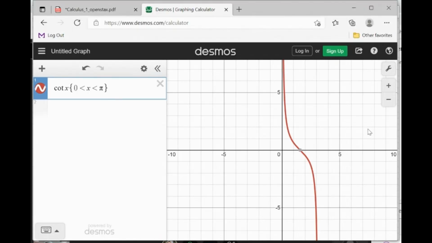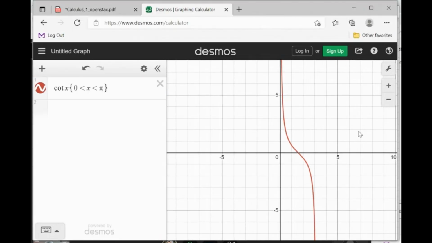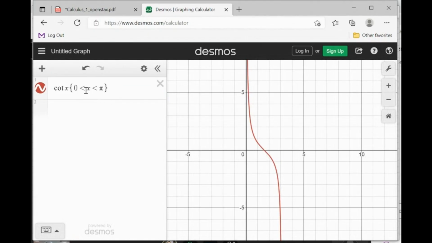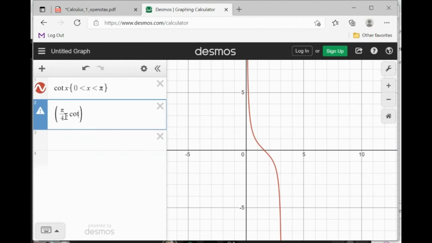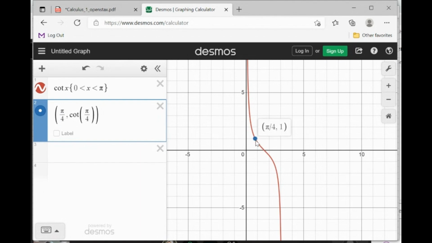So this is the graph of the cotangent function between 0 to pi. And let's mark the point pi over 4. So cotangent of pi over 4 is 1. So if you just plot the point pi over 4, comma, cotangent pi over 4, it marks this point.